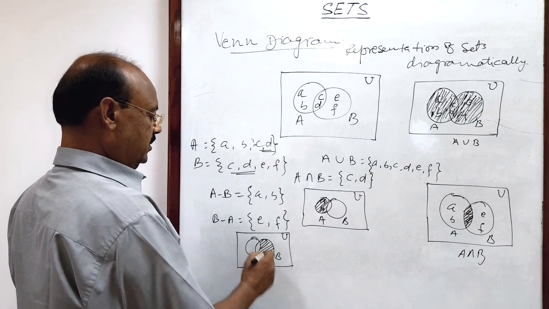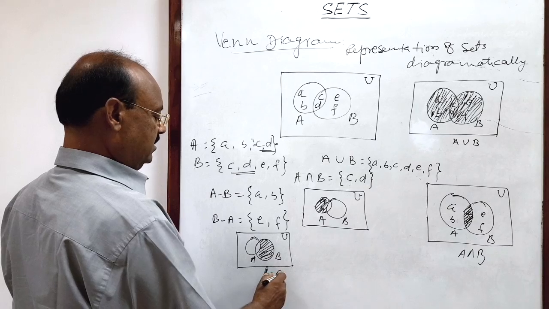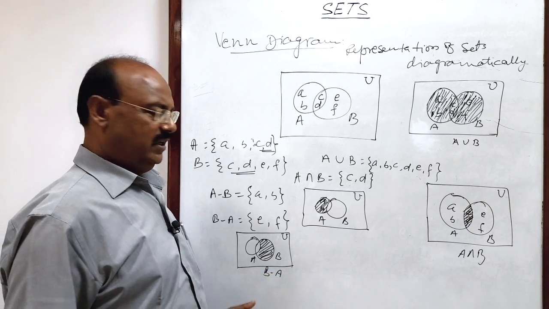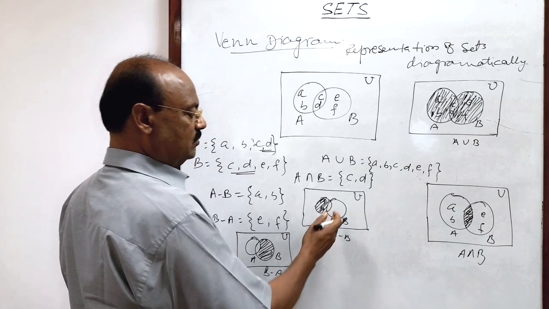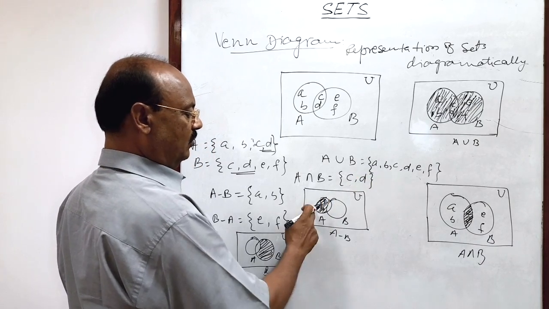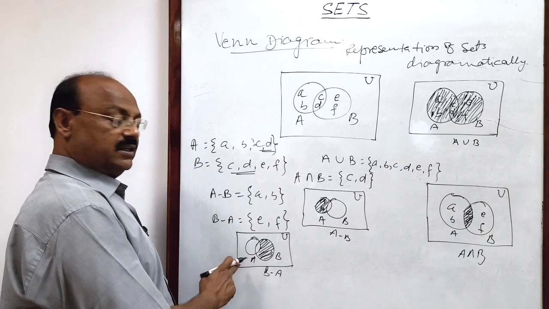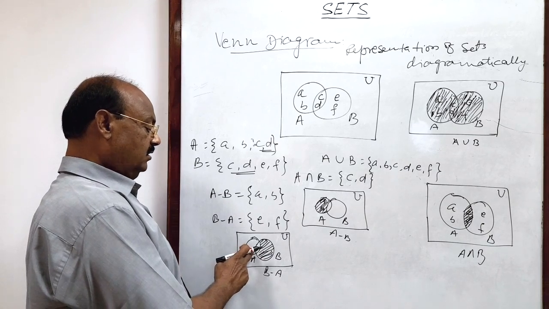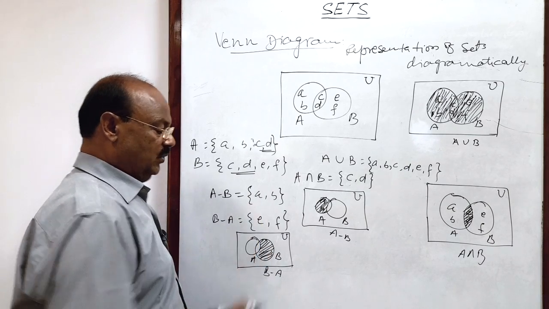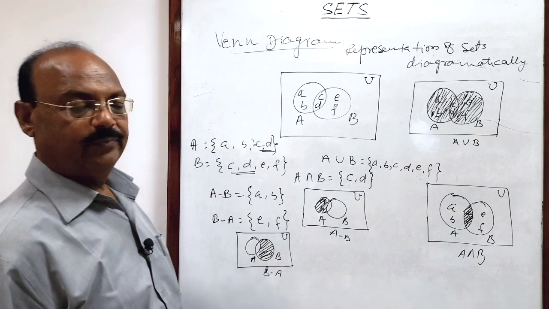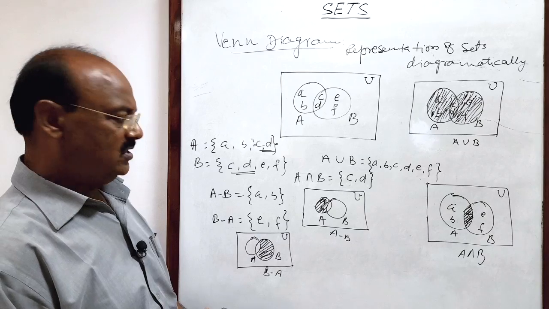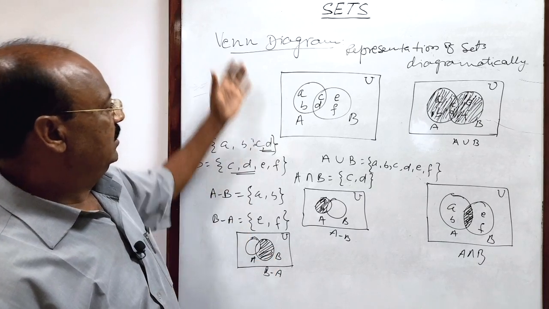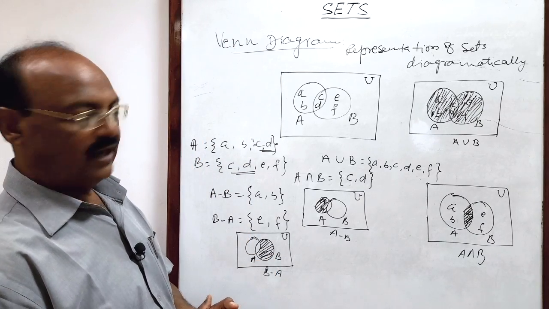Okay, this is representing B minus A. So make it very clear, this is A minus B, meaning the portion of B has been omitted from A, and this is B minus A, the portion of A is being omitted from B. This is B minus A. So these are very simple and basic operations on sets which we are representing with the help of a Venn diagram.